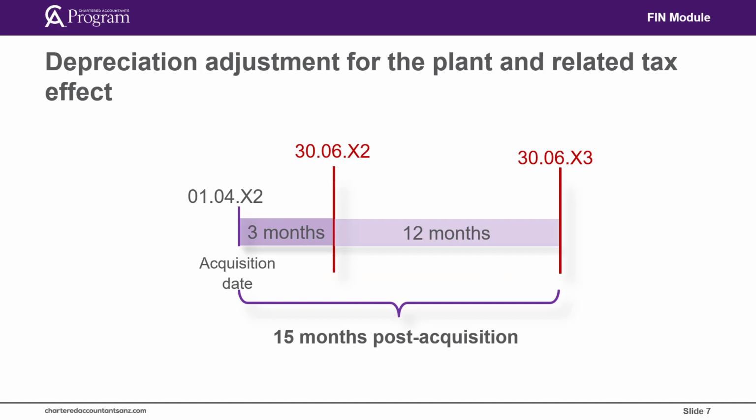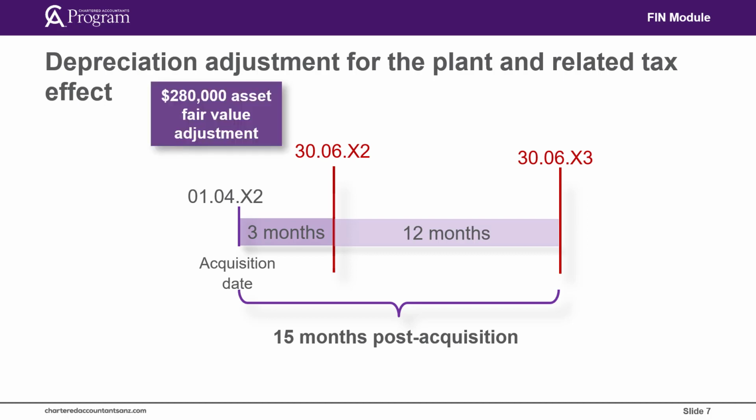It is 15 months since the acquisition, and the plant and equipment declines in value. We need to make depreciation adjustments given the $280,000 fair value adjustment we've just made to the asset. Drawing a timeline can help you to understand the facts which will lead to your consolidation journal entries. There are 3 months in the first reporting period, up to 30 June 20x2, and there are 12 months in the current reporting period.